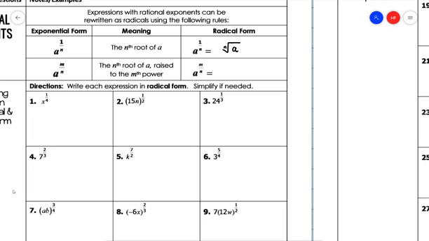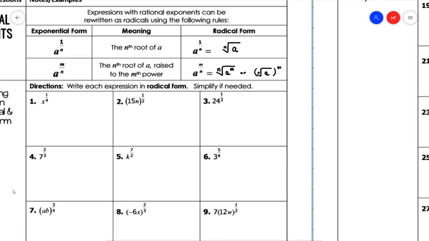Whenever there is another number on the top, we have the nth root of a raised to that power, which we can write like this, or like this. So those both mean the same thing.